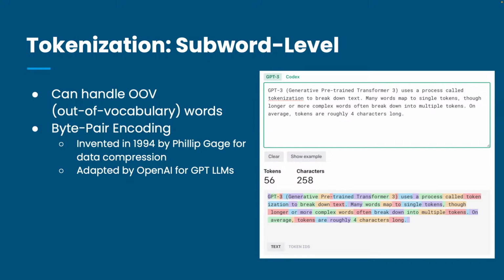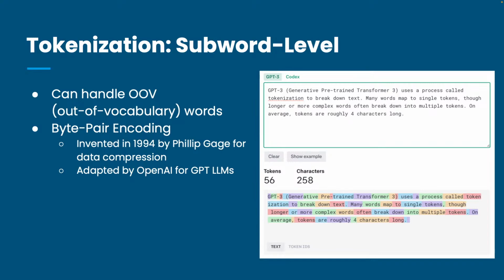And only later did OpenAI decide to use it for large language models. And it was invented for data compression because it turns out that this byte pair encoding algorithm has some nice information theory properties. And so by applying byte pair encoding, you actually get an output that means the same thing as the original input, but occupies a smaller disk space.